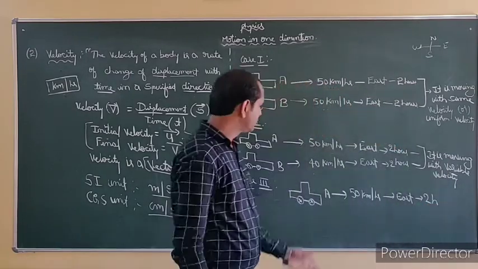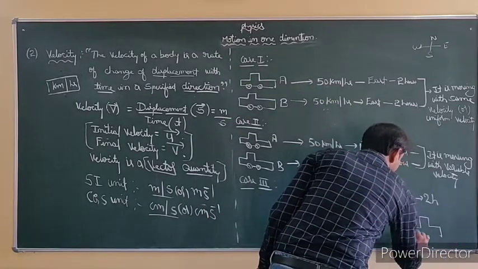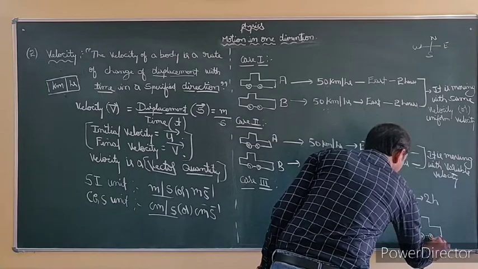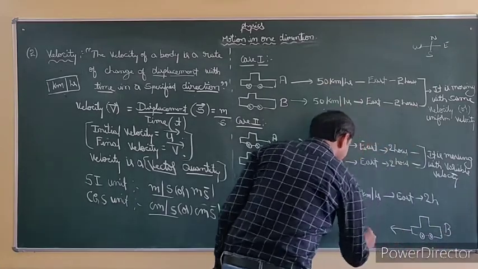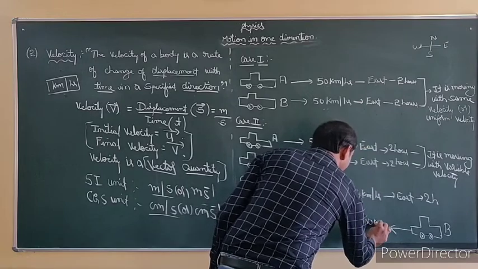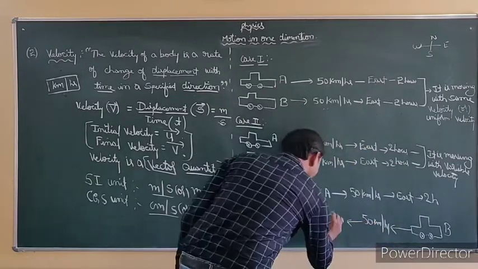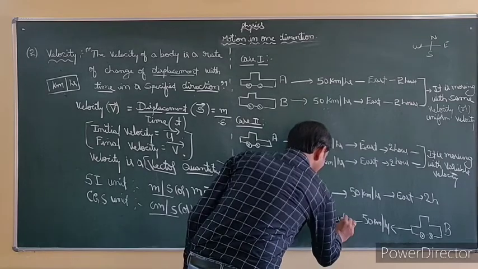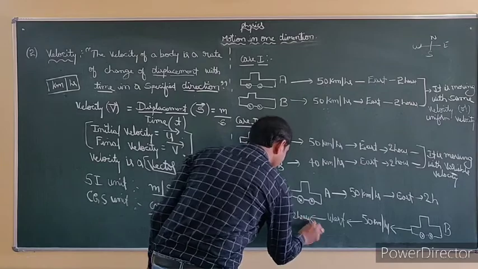Now let us consider car B, moving with the same 50 km per hour towards the west direction, in 2 hours.